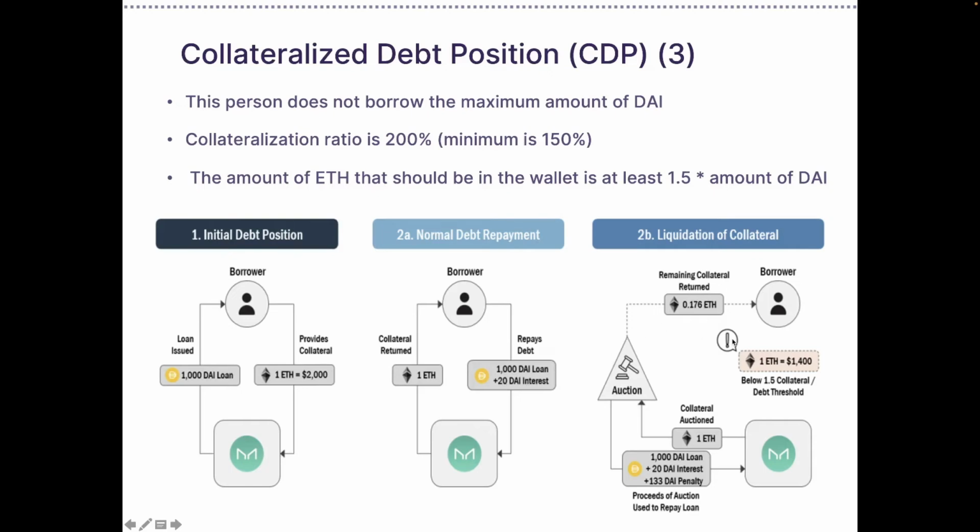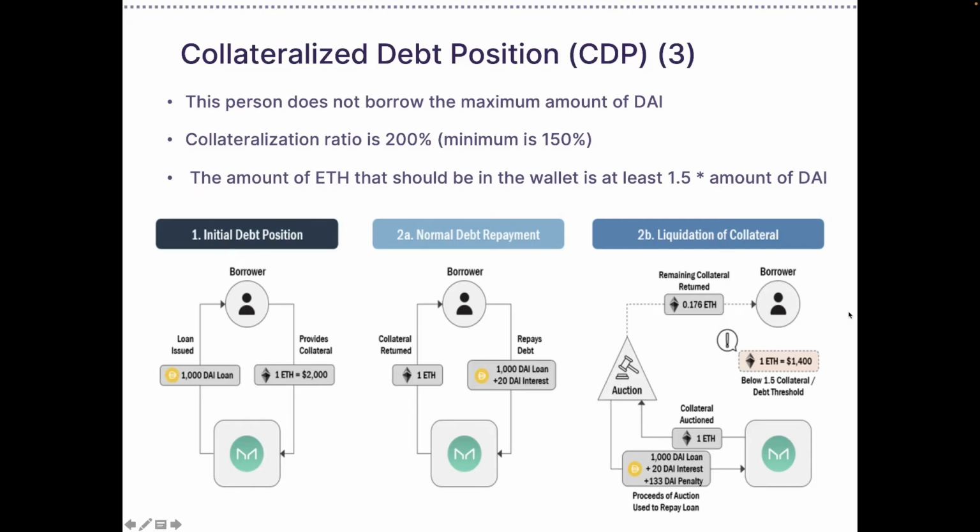So if that person is not able to pay back their DAI loan and ETH goes under that threshold, the Maker protocol will then put up that 1 ETH for auction, and the auction determines that the loan will be paid back with the interest and also a penalty, and then the remaining amount will be returned to the borrower. But that's only in the case where you cannot pay back your loan and the collateral is below the debt threshold.